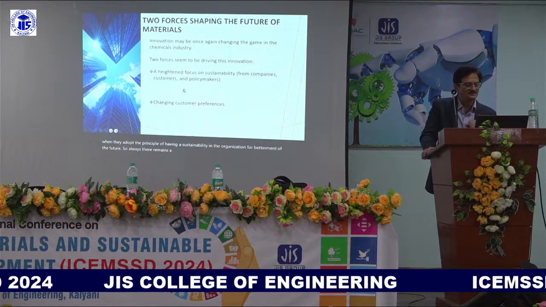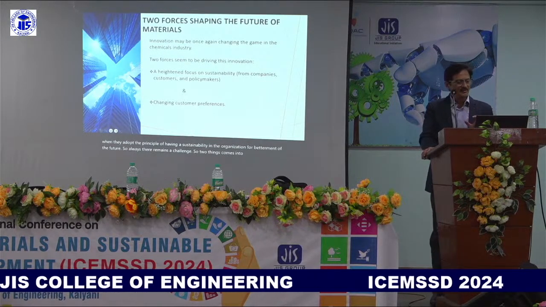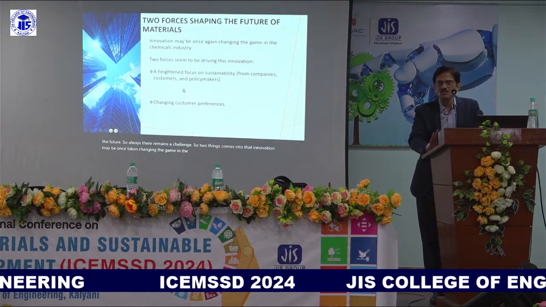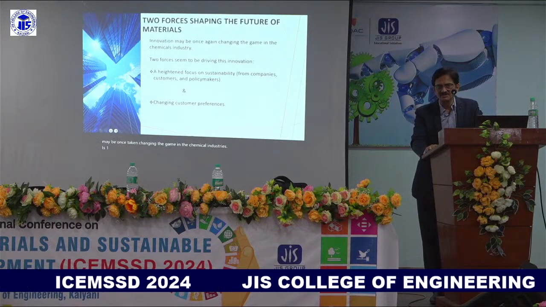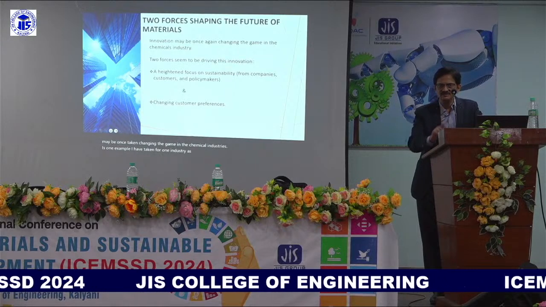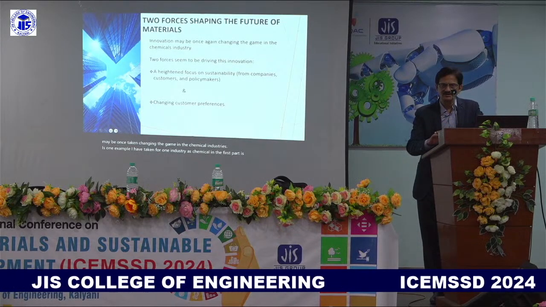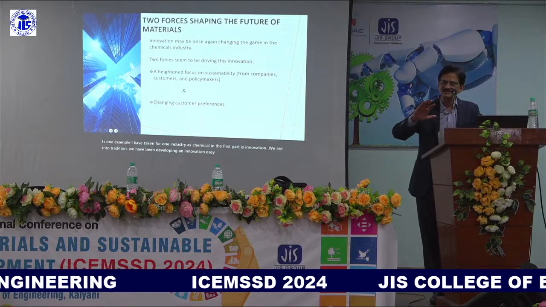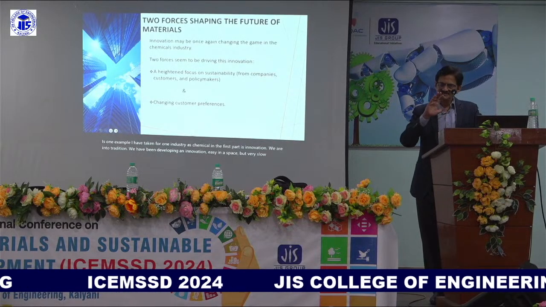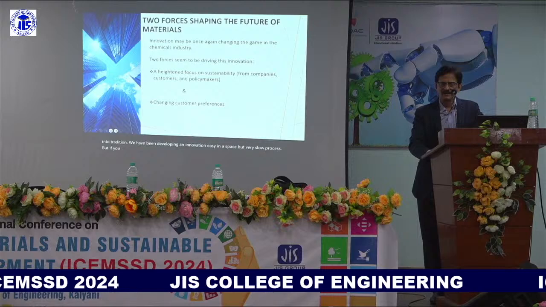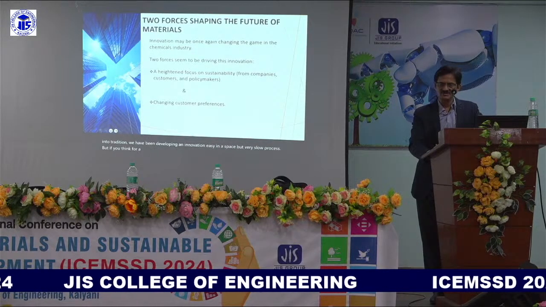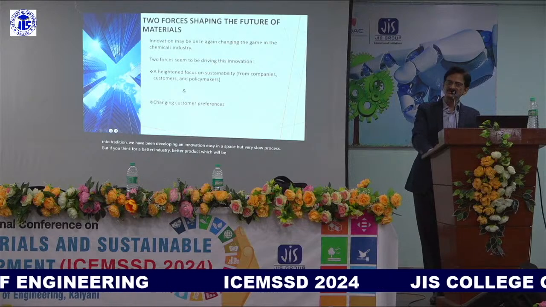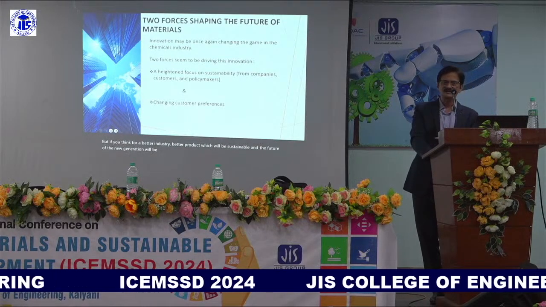So two things come into that: innovation may be once again changing the game in the chemical industries. This is one example I have taken, for one industry, the chemical industry. The first point is innovation. We are into tradition, we have been developing, and innovation is there but a very slow process. But if you think of a better industry, a better product which will be sustainable, and the future of the new generation will be good, then innovation becomes easier.